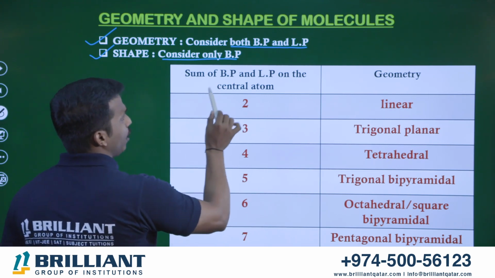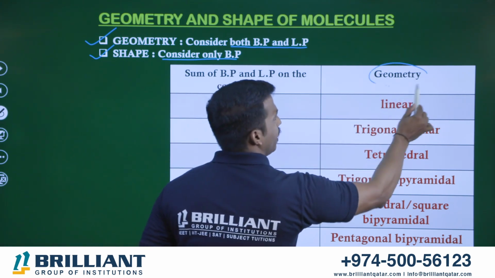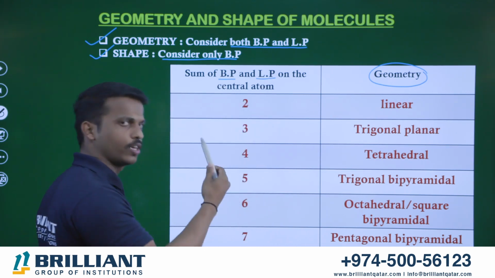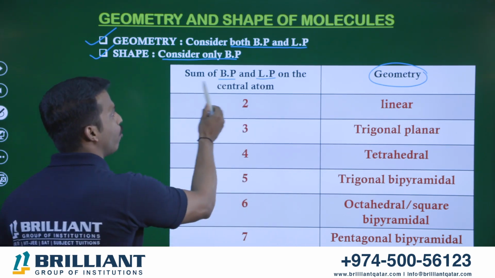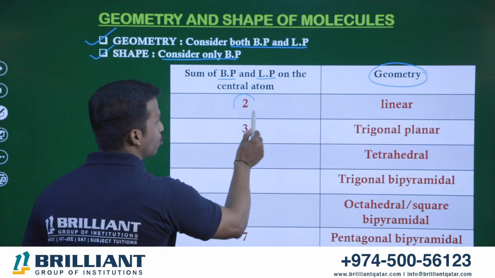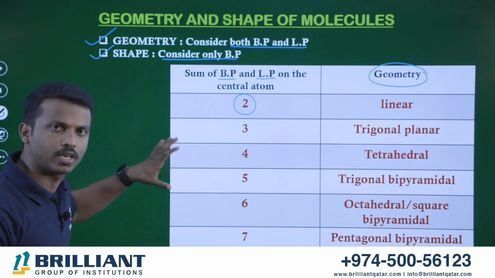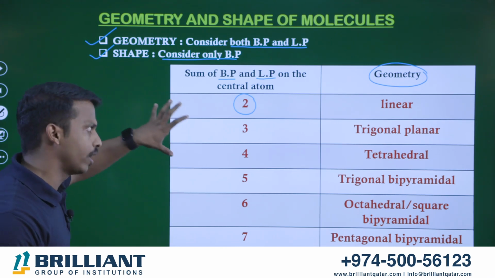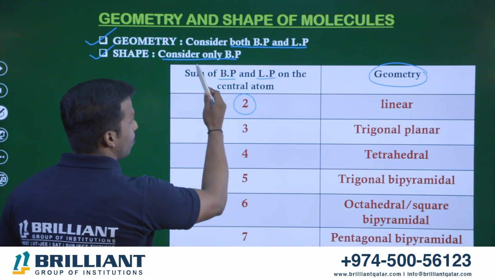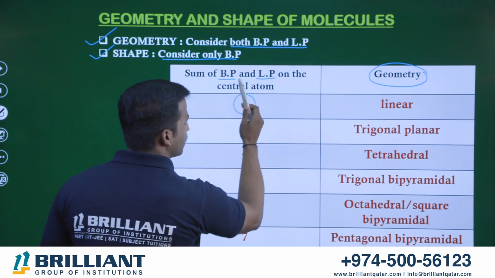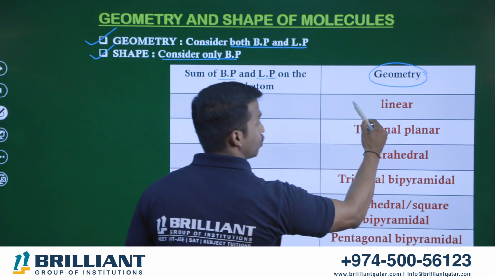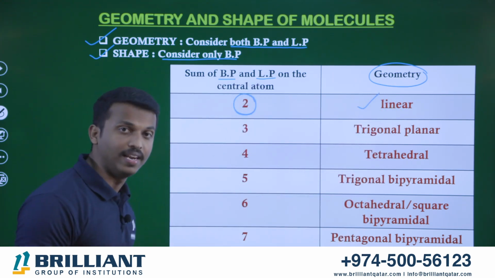I told you, if you want to calculate the geometry of a molecule, we have to consider bond pair and lone pair together. You take the sum of bond pair and lone pair on the central atom. If it is equal to 2, the geometry is called linear.